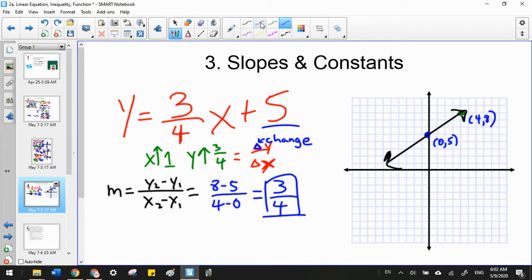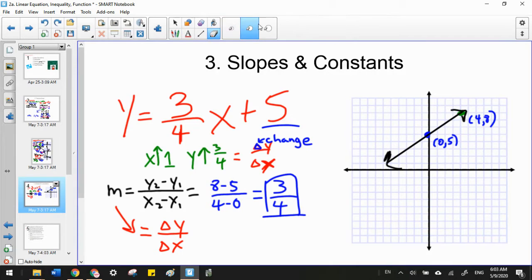So instead of using the slope formula like this, the way I like to use it is to describe it as delta y over delta x. Once again, the delta with the triangle means the change, so I'm describing it as change in y over change in x. I am not even going to focus on what the particular coordinates are. I am going to focus on the change in y value over the change in x.